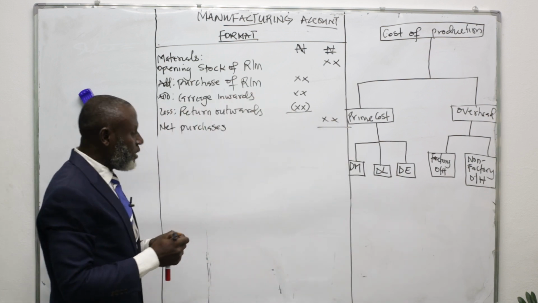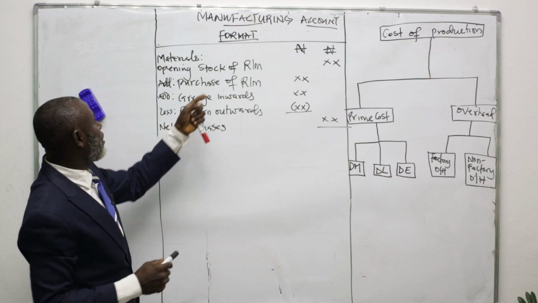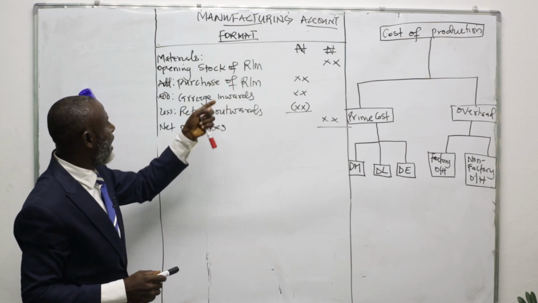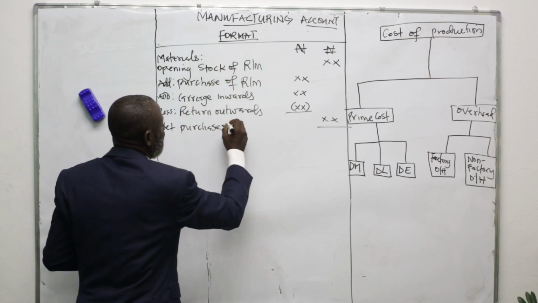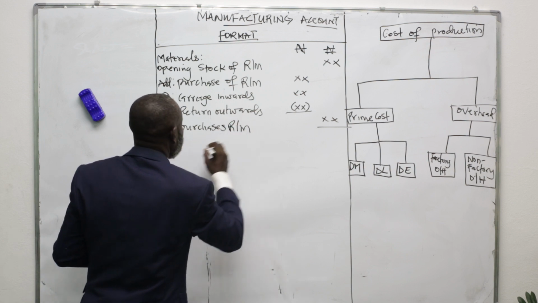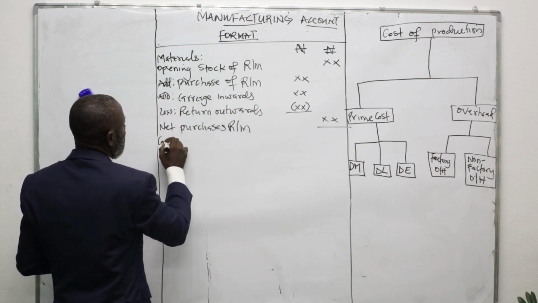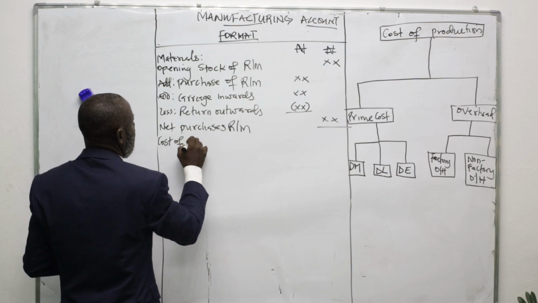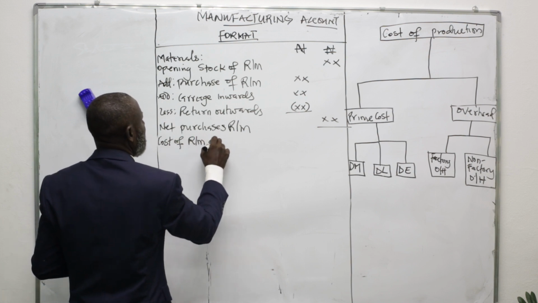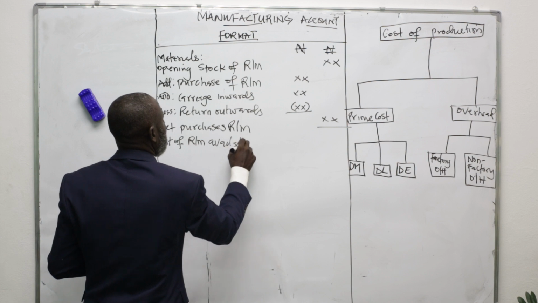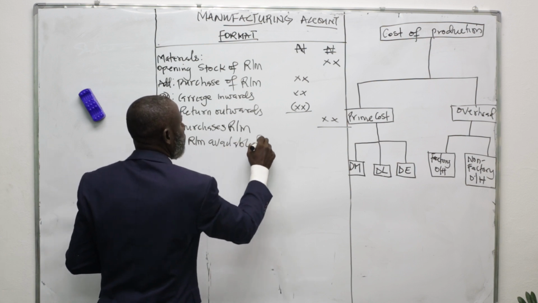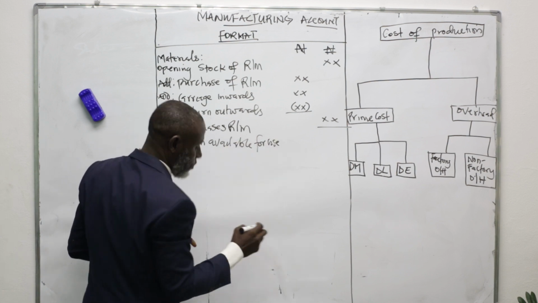And then when you finally take purchase and add to opening stock of raw material, what you have is what we call cost of raw material available for use.